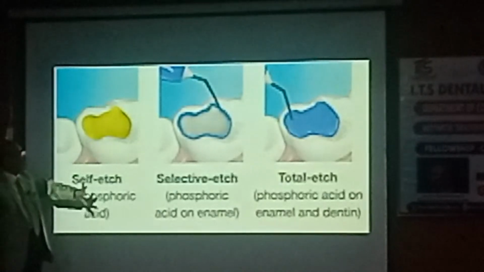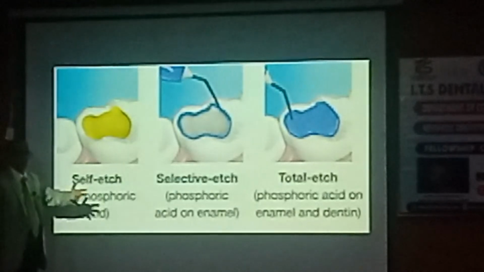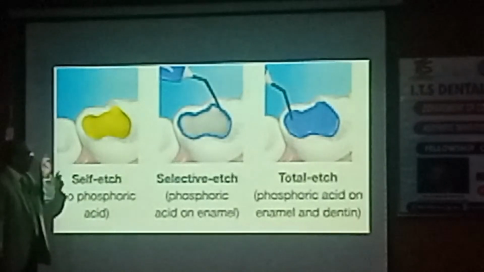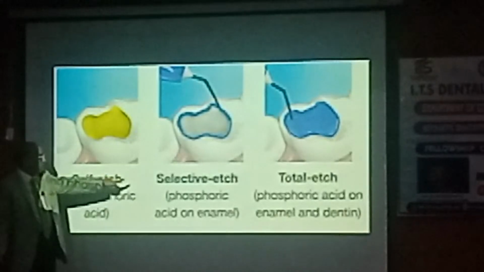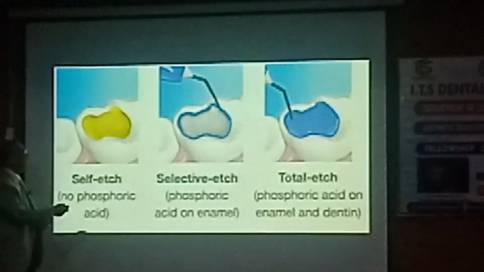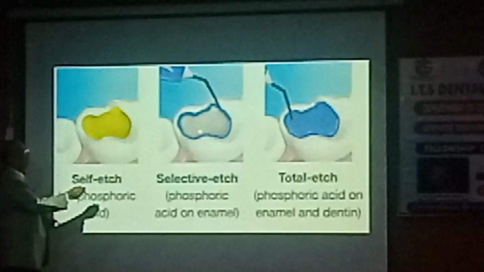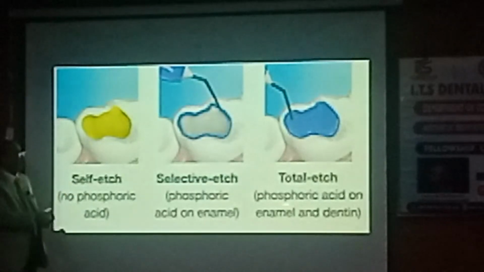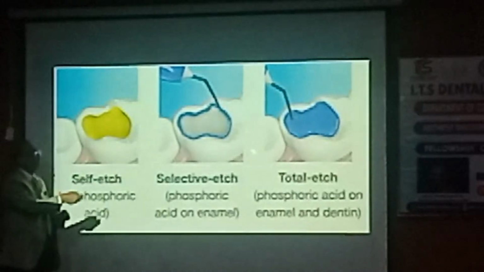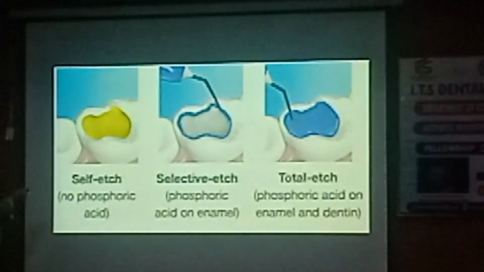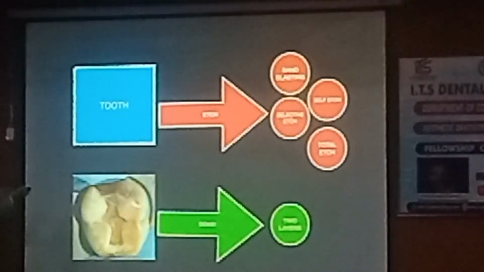If you are not going to use this and you are going to use the two-step etching technique, then you can use selective etching, where you only apply it on the outer surface, which I had done in one of the cases. Or you can use total etch, where you apply it on the enamel and the dentine. This is the same thing depicted for you. So you can use any of these depending on the case.